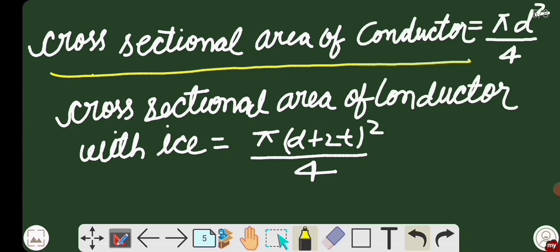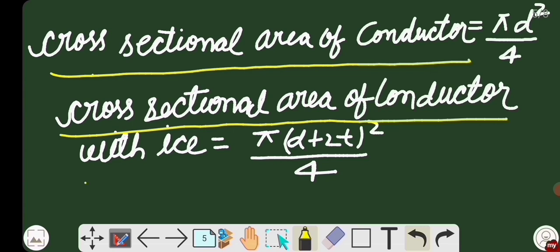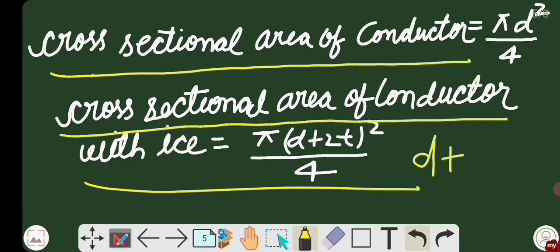Also the cross sectional area of conductor with ice deposit, we apply the same formula, pi r square, where r is equal to (d plus 2t) by 2. Putting this value of r in pi r square, we get pi into (d plus 2t) whole square by 4.